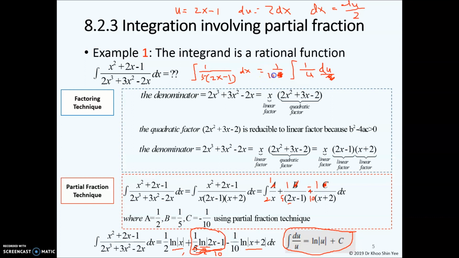So it becomes 1/10 here. Integrate 1/u du by using this formula, we can obtain ln u plus the constant c. Substituting u back, it will be 2x minus 1 here. So you should get this answer. So please correct this. This should be 1/10.